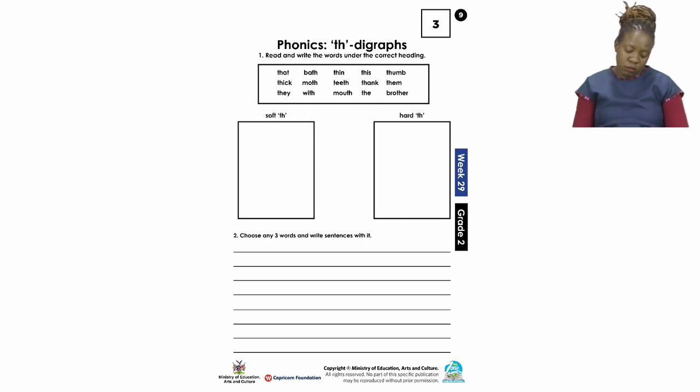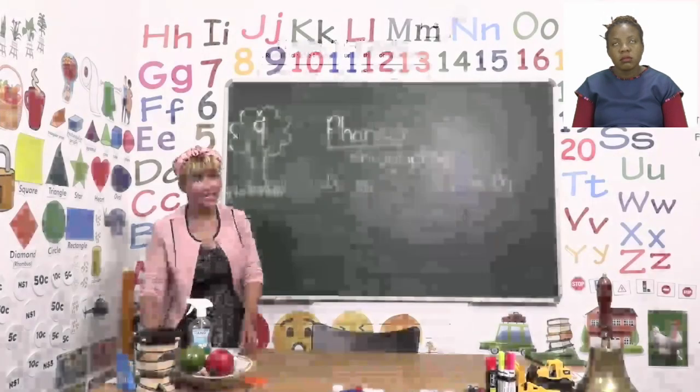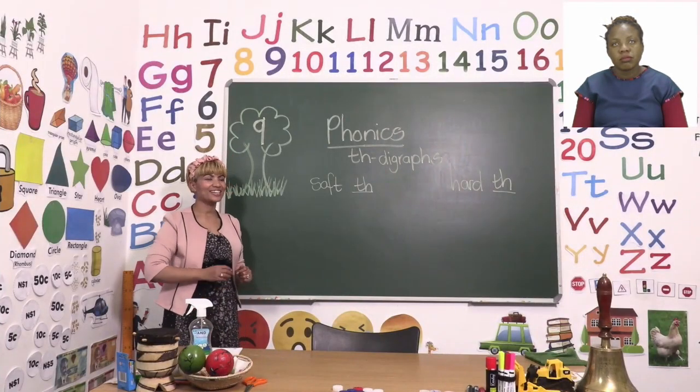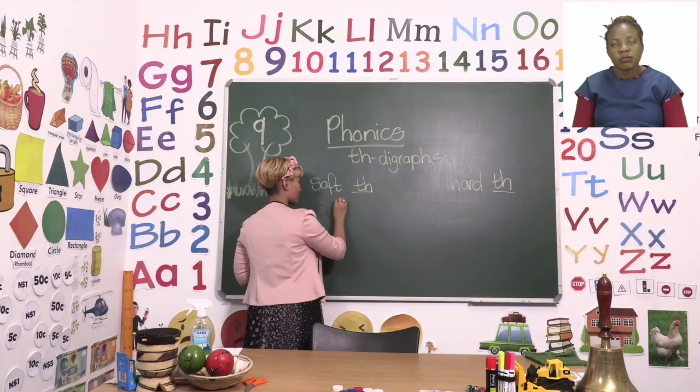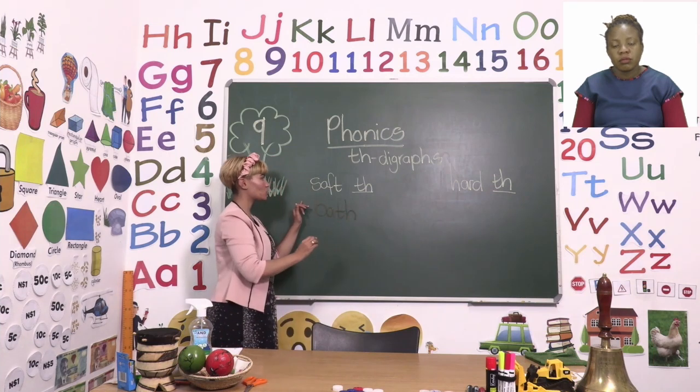So we say the first word is that. Let's quickly say it out loud one more time. That. And the word bath. Bath. Right, let's write the words on the board and see which word has a soft th and which word has a hard th. We said the word bath has a soft th.